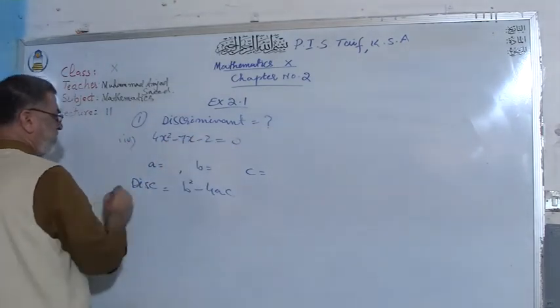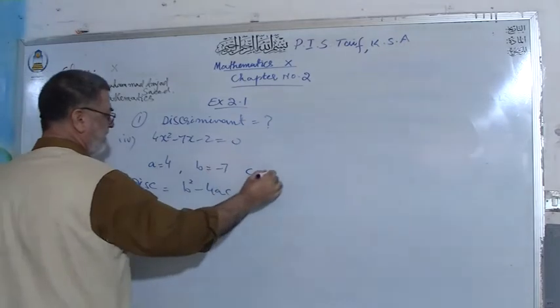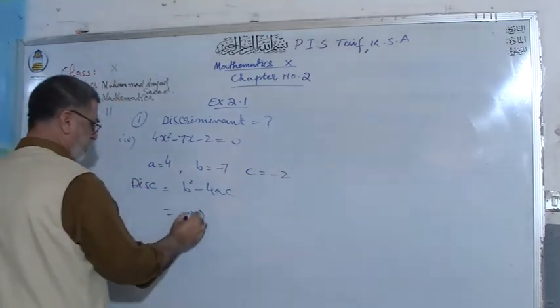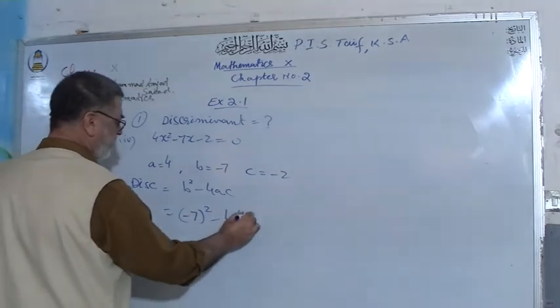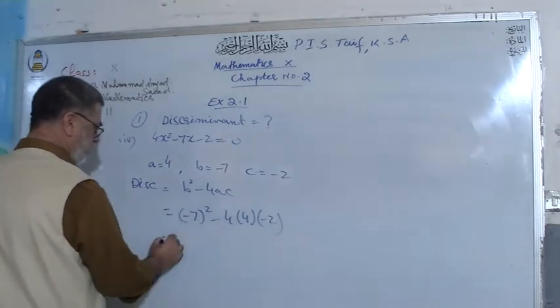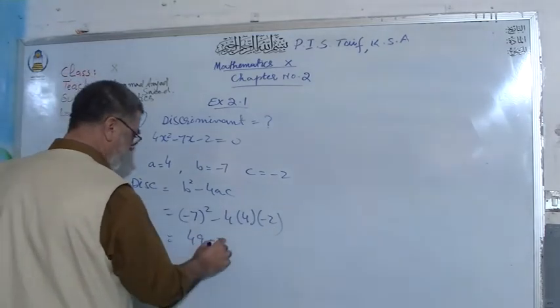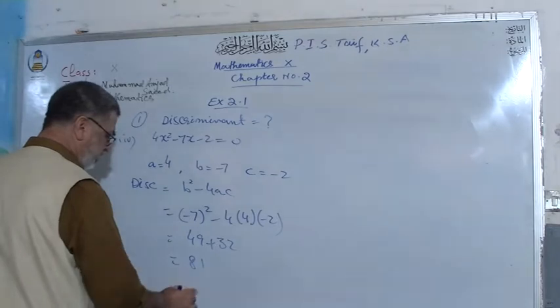This is number 4. a is equal to 4, b is equal to minus 7, c is equal to minus 2. Using values, minus 7 square minus 4 into 4 into minus 2, that will be 49 plus 32, that will be equal to 81.